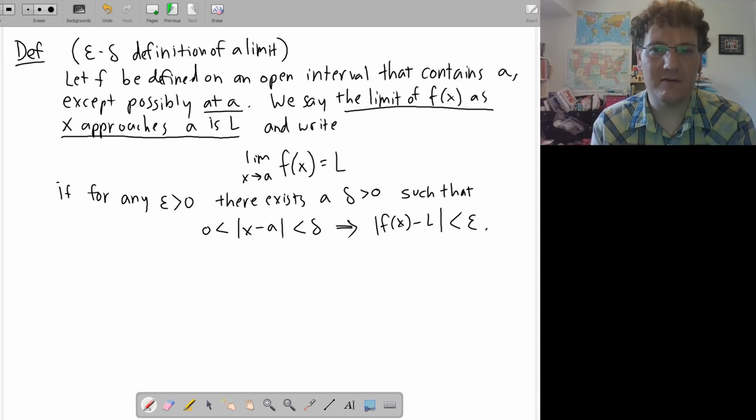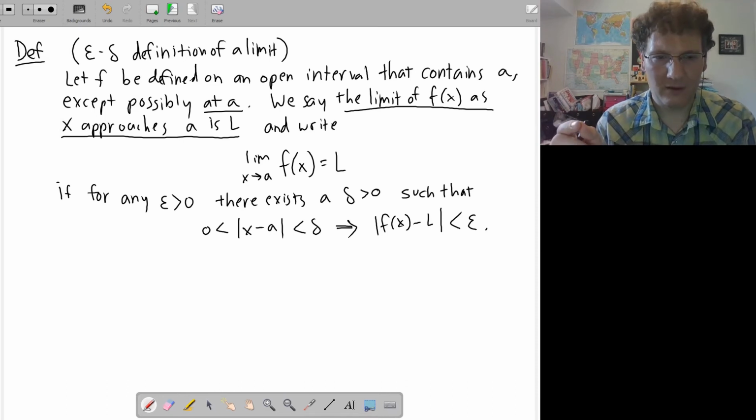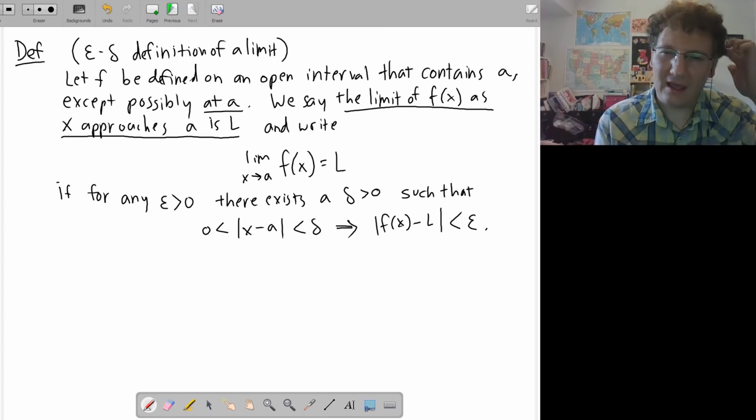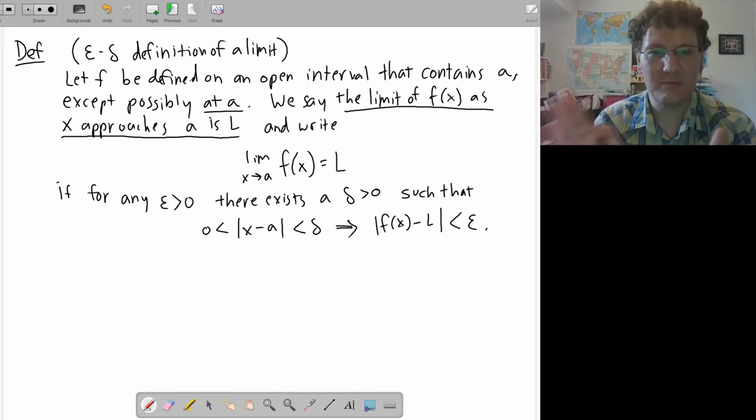We say that the limit of the function f of x as x approaches a is the value L, and we write it the same way we wrote before, if, and this is the epsilon-delta definition, for any epsilon greater than 0, epsilon being a very, very small number, any epsilon you pick, there exists some delta greater than 0, such that as long as the absolute value of x minus a is between 0 and delta, it's going to be greater than 0 as long as x isn't a.